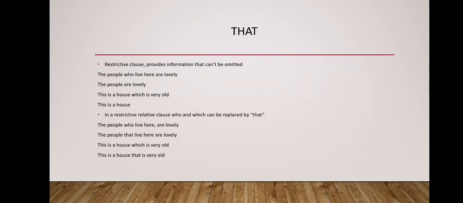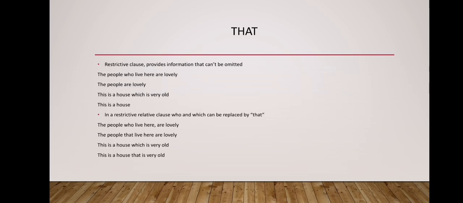Don't be so specific, don't give all the details. In a restrictive relative clause who and which can be replaced by that. The people who live here are lovely. The people that live here are lovely. This is a house which is very old. This is a house that is very old.